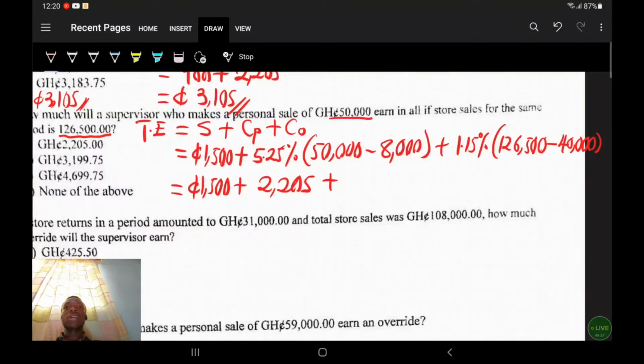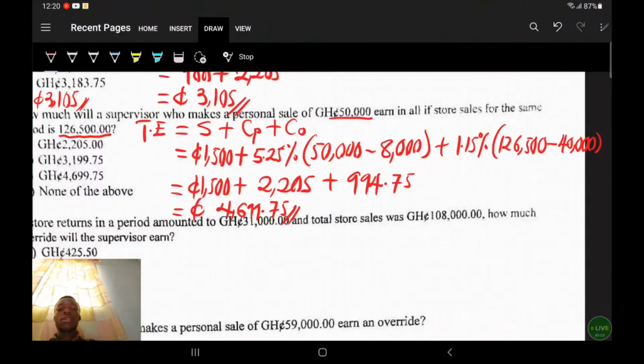I hope that is clear. And then here too, I had 994.75. So at the end of the day, you should be able to have the total earnings for a supervisor to be 4,699.75. So let's take note of that.